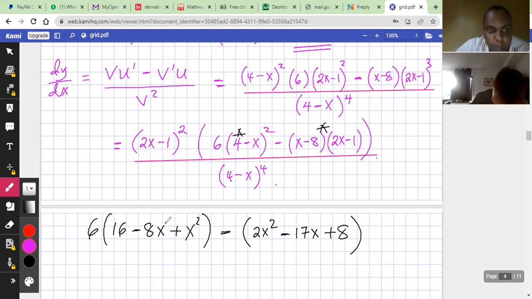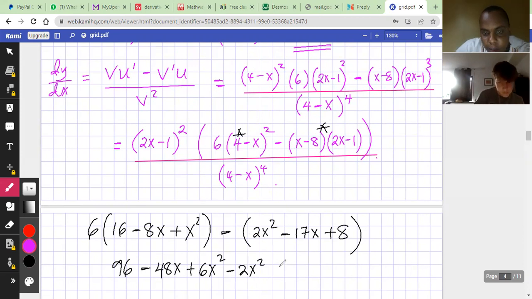So this is going to be 96 minus, what is 6 times 8? 48x plus 6x squared, right? Minus 2x squared plus 17x minus 8. So this is going to be 6 minus 2 is 4x squared.